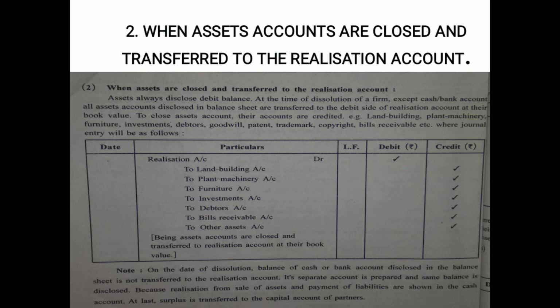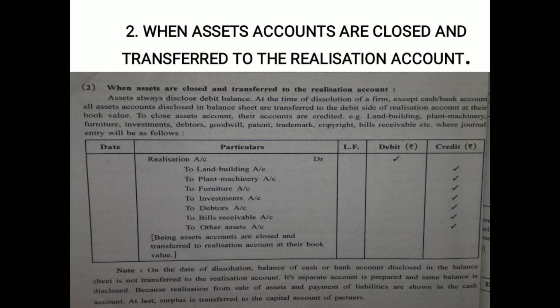The second topic: when assets accounts are closed and transferred to the realization account. If you remember, while understanding the general procedure of dissolution, I highlighted that at the time of dissolution, the very first thing is that you will sell all the assets.